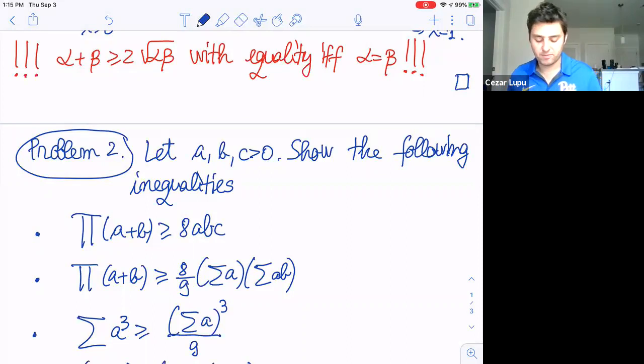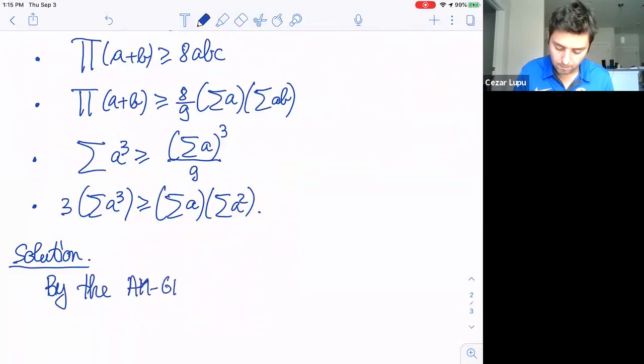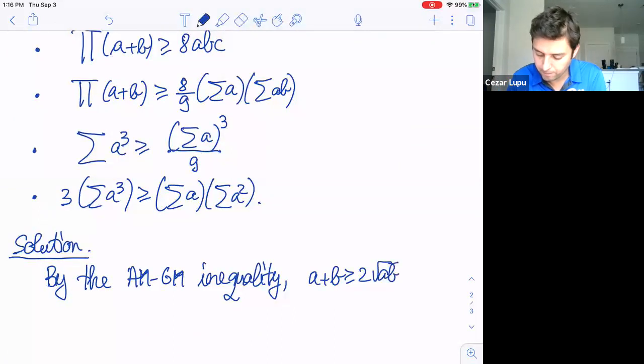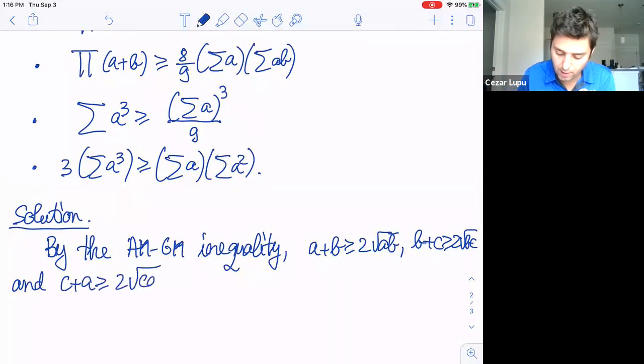So the first one, by the AM-GM, we have that a plus b is greater or equal than 2 root ab, b plus c is greater or equal than 2 root bc, and the last one is c plus a is greater or equal than 2 root ca.